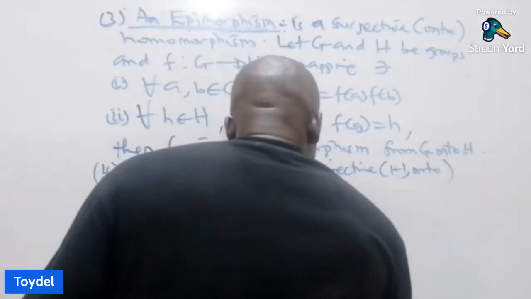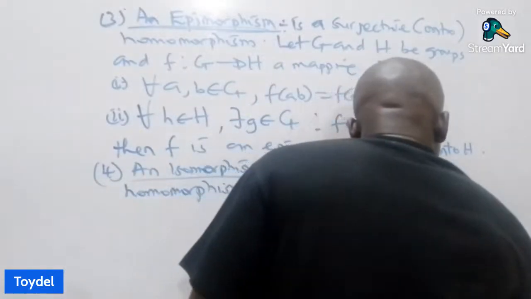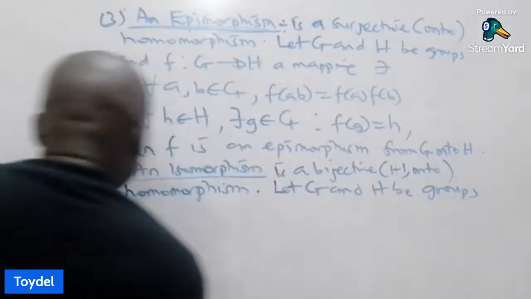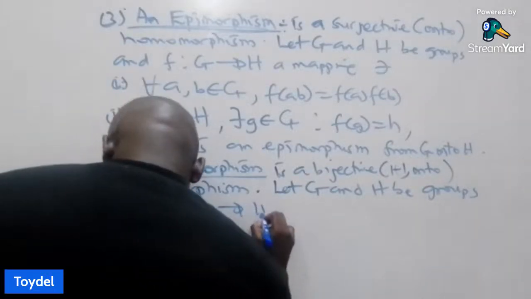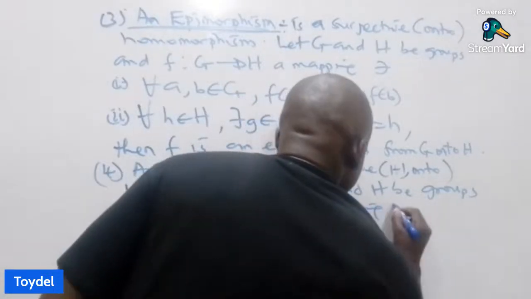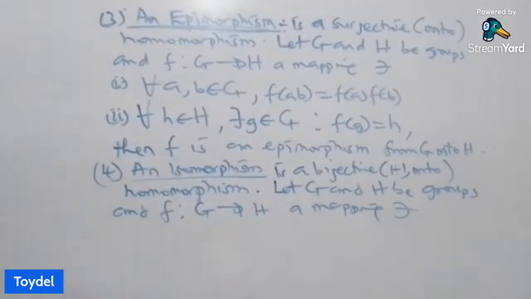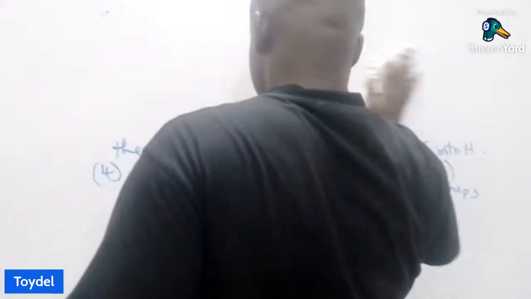So we can explain further to say let G and H be groups, and f from G to H a mapping such that there are three conditions that will be satisfied here.